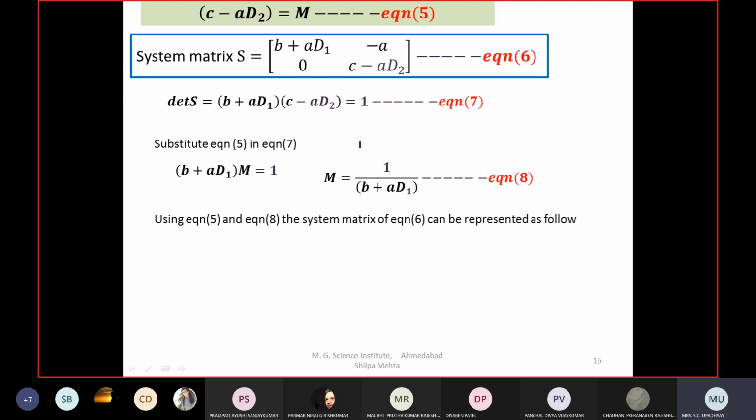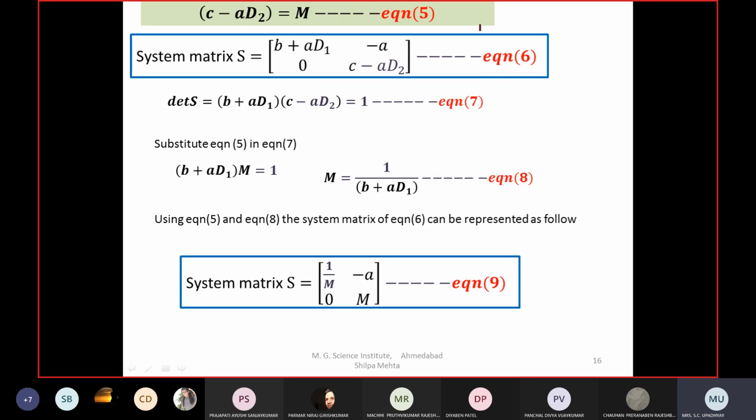So now we can say that b plus ad1 is represented as 1 upon m, minus a, 0 and c minus ad2 is equal to m. So using equation 5 and this equation 8 in equation 6, our system matrix in the form of magnification can be represented as S equal to 1 upon m, minus a, 0 and m.